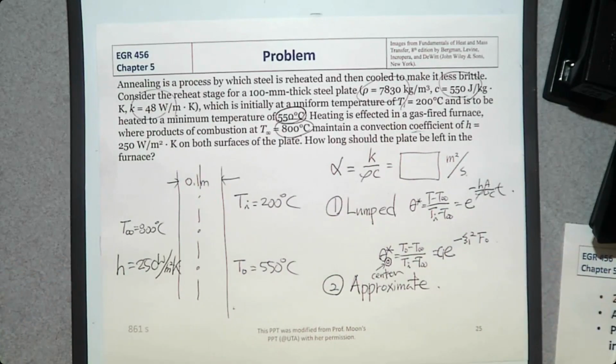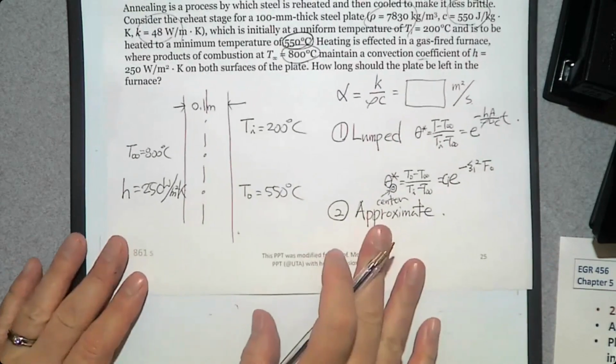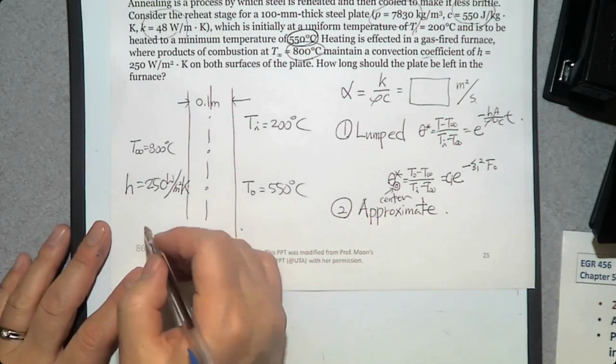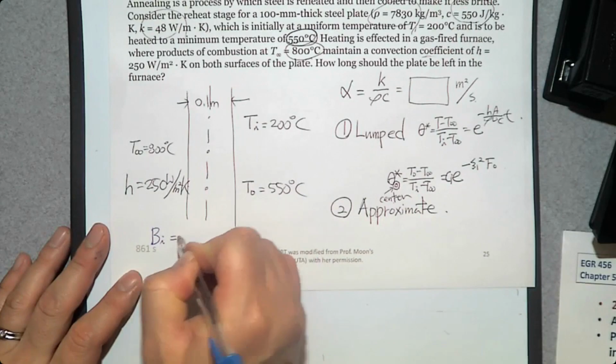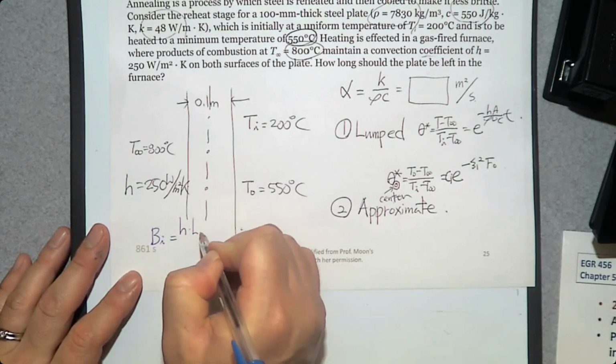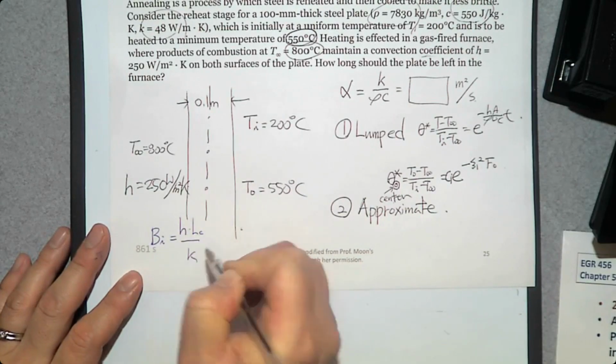So to determine whether it is a lumped system or not, we need to calculate what? Biot number. How do we calculate Biot number? Biot number is determined by h times characteristic length over thermal conductivity.